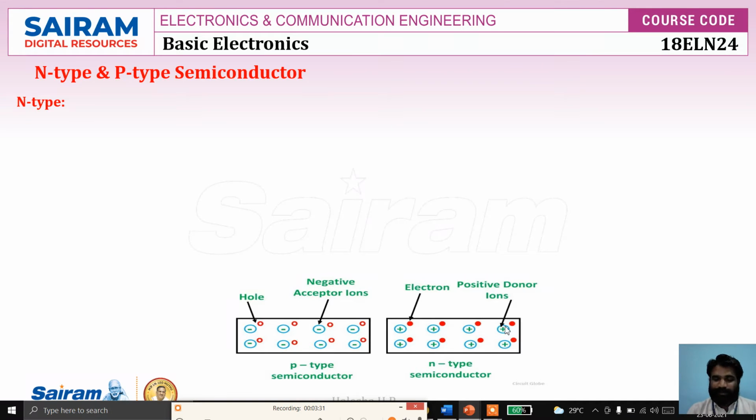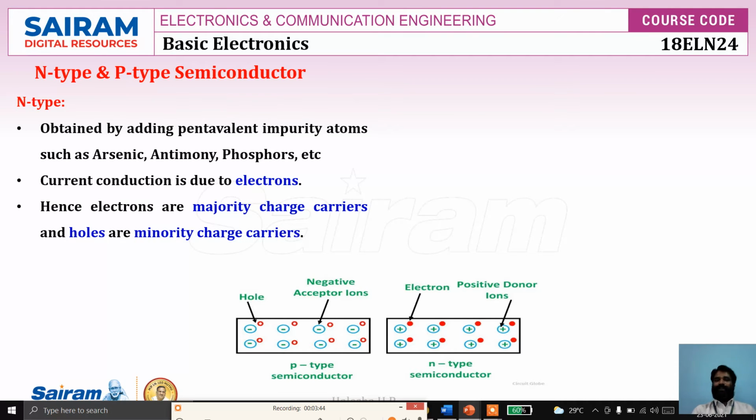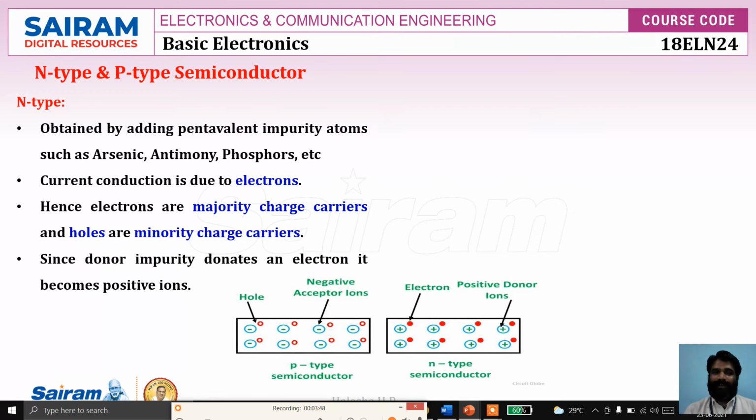N-type is obtained by adding pentavalent impurity atoms such as arsenic, antimony, phosphorus, etc. Current conduction is due to electrons. Hence, electrons are majority charge carriers and holes are minority charge carriers. Since the donor impurity atom donates an electron, it becomes a positive ion.